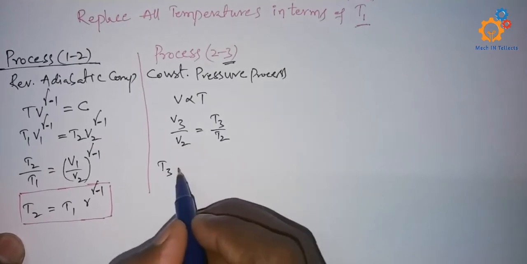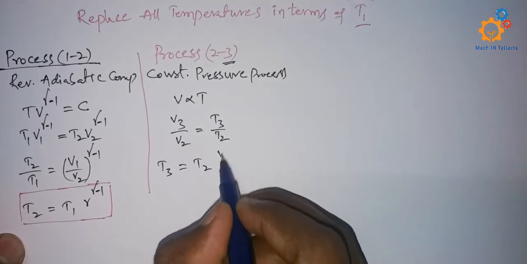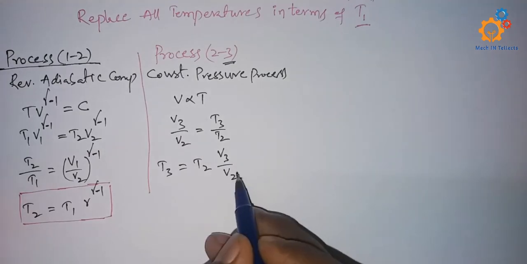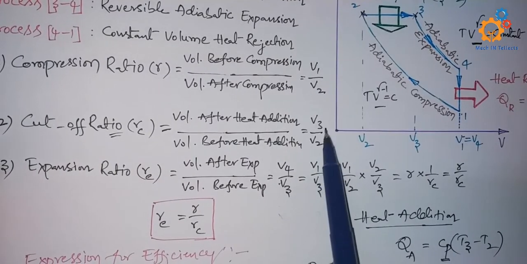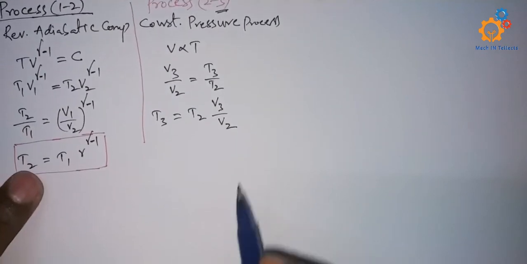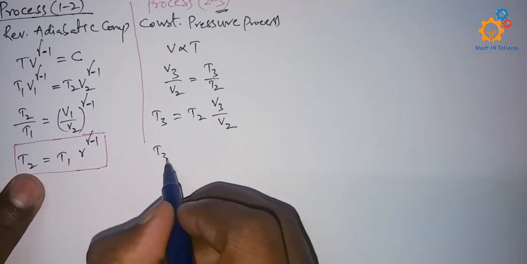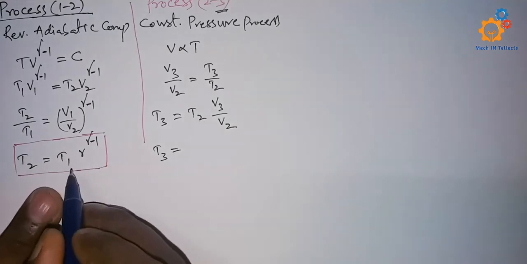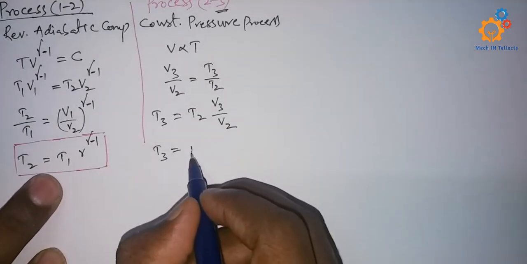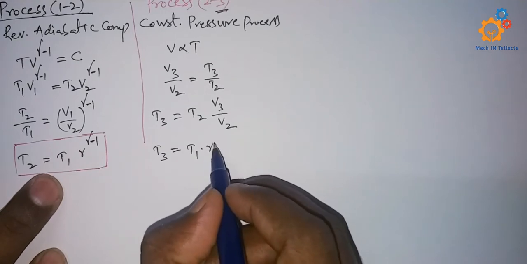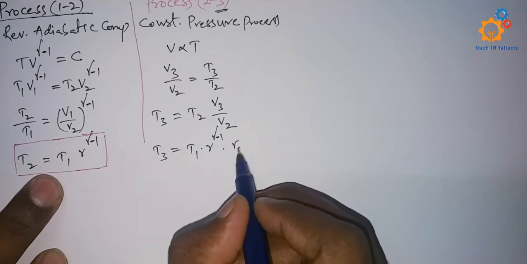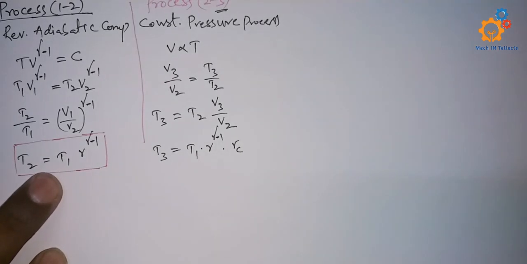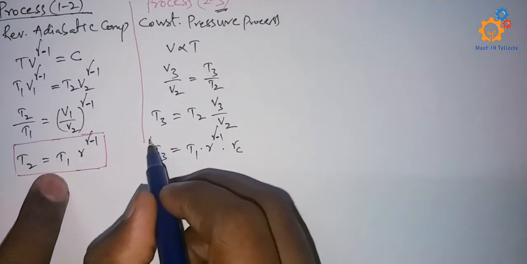T3 can be written from this equation as T2 times V3 by V2. What is V3 by V2? We have defined everything. V3 by V2 is the cutoff ratio. So let's substitute. T3 is equal to T2, which is in terms of T1, so I can write T1 into R power gamma minus 1 into V3 by V2, the cutoff ratio RC. Okay, let's take this as another equation.